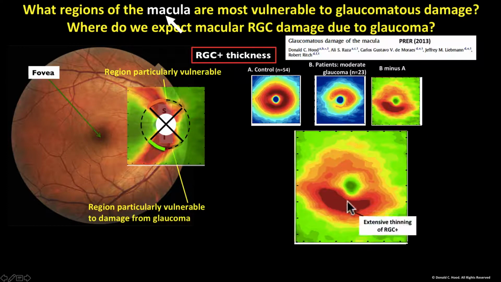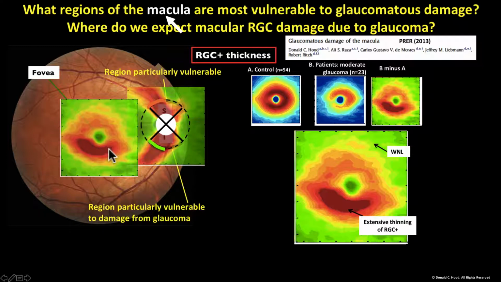Let's blow it up. Dark red means a lot of thinning of the retinal ganglion cell. Green means very little thinning. So let's take this and move it over here to the fundus. And so now we have retinal ganglion cell loss and retinal nerve fiber layer loss.